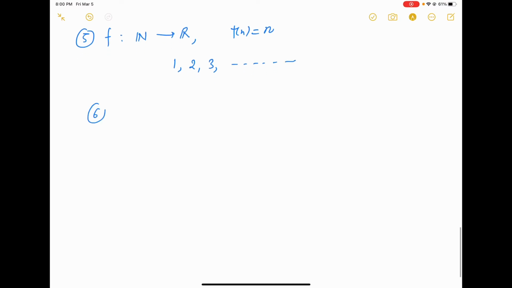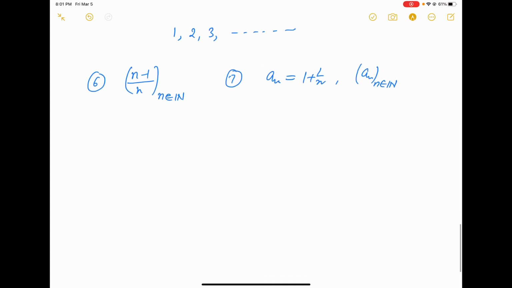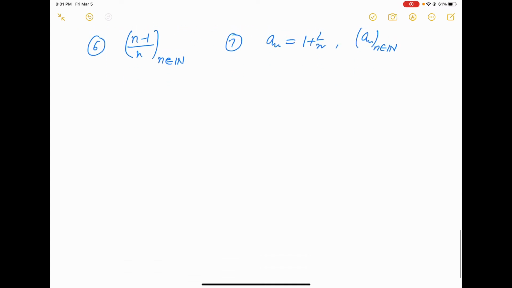I'm writing here the nth term of some sequences. So if this is a_n, then we may also write this like it is a sequence in R. Or we may also write a_n as 1 plus 1 upon n, where n belongs to N, is a sequence in R. Or we may write f(n).